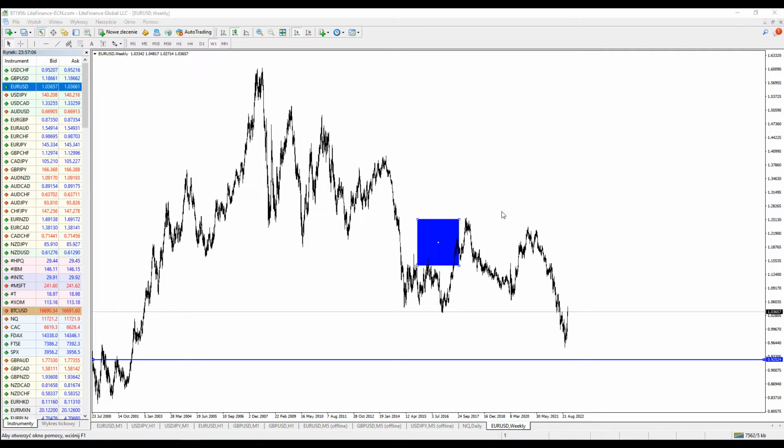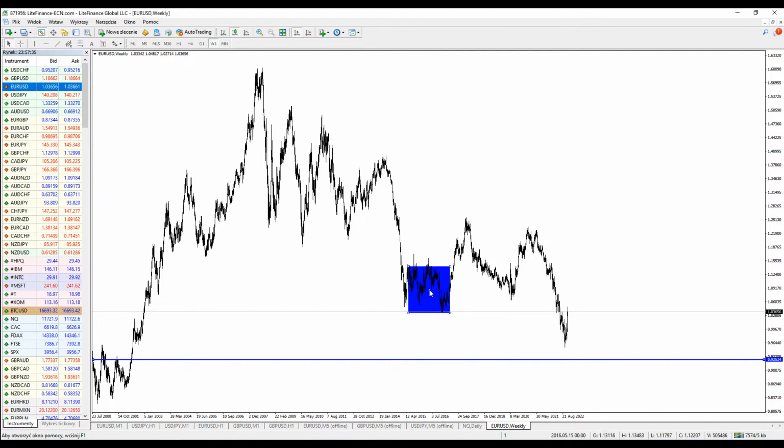Then the huge pullback, and when we saw the bottom of this pullback, in the middle of that consolidation, the 50% midline, we saw another rally, and the rally was again the size, not quite, but like the consolidation, after the upside break.